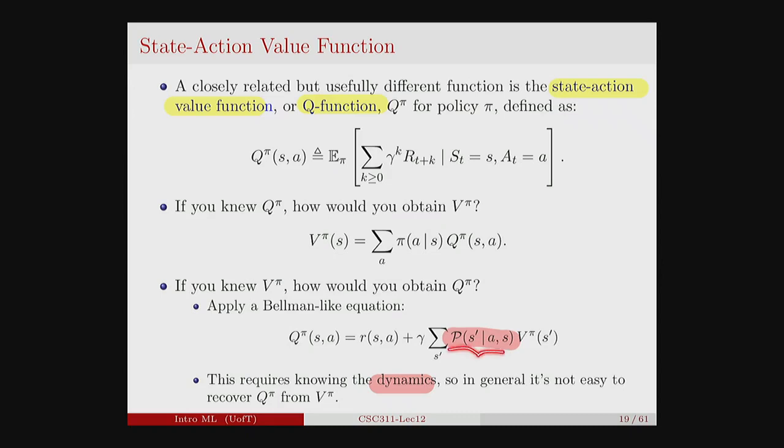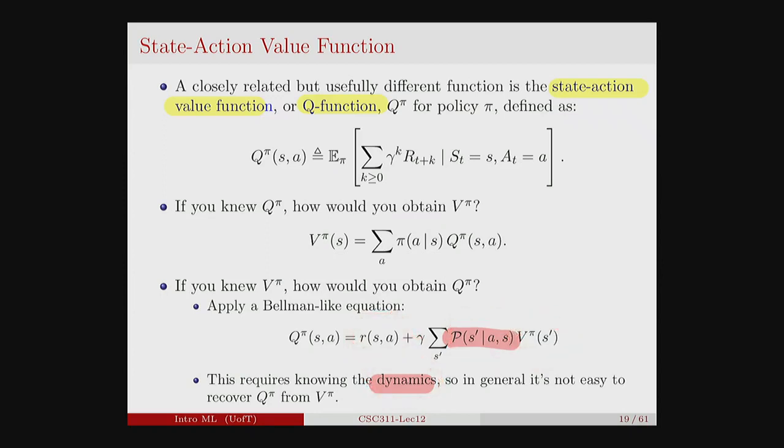So for each future state S prime, you would have to reason about how likely that state is, which is where the dynamics come in. You would have to multiply that by the value of that state S prime. And you would have to add to that the reward that you get right now from being in state S and taking action A.